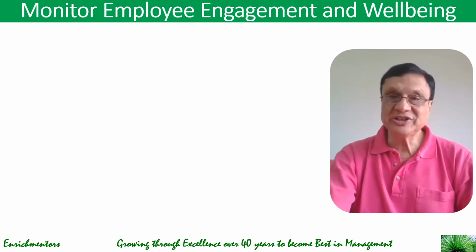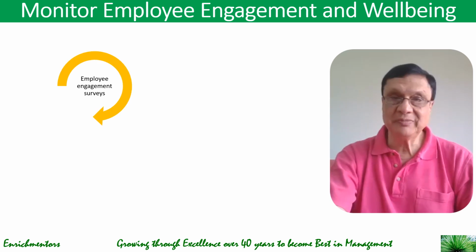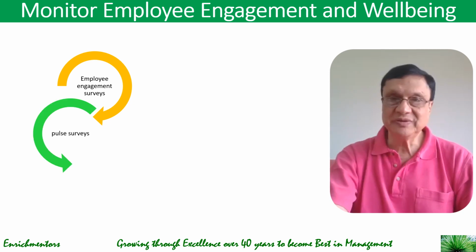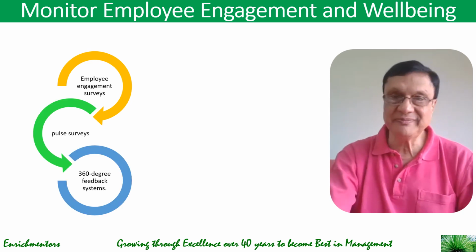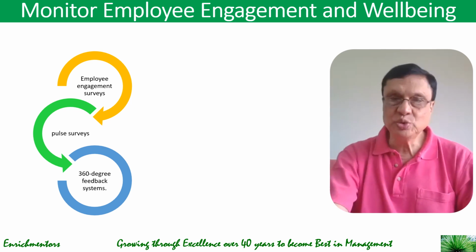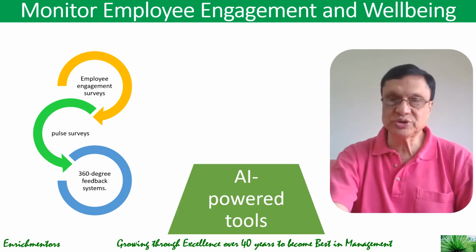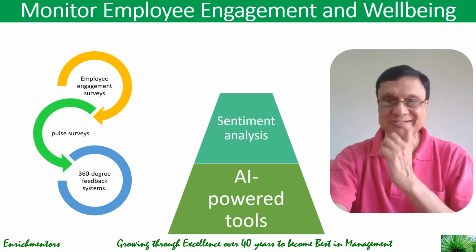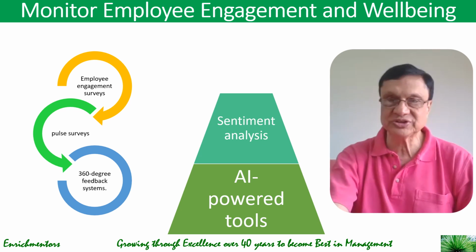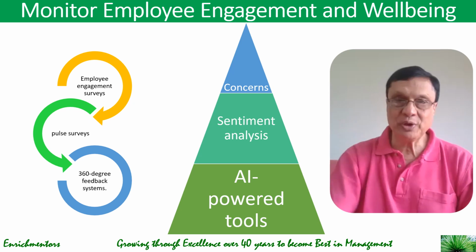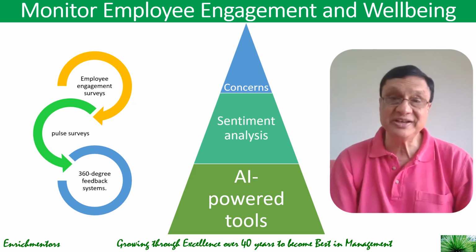Monitor employee engagement and well-being. Regularly collect data from employee engagement surveys, pulse surveys, or 360-degree feedback sessions, and use AI-powered tools to conduct sentiment analysis on open-ended responses or internal communication to gauge employee sentiment and identify areas of concern.